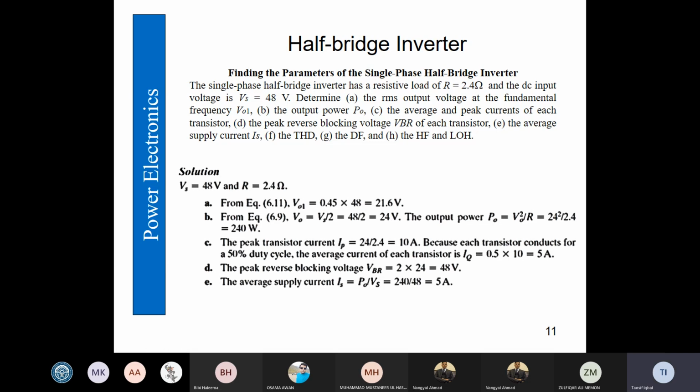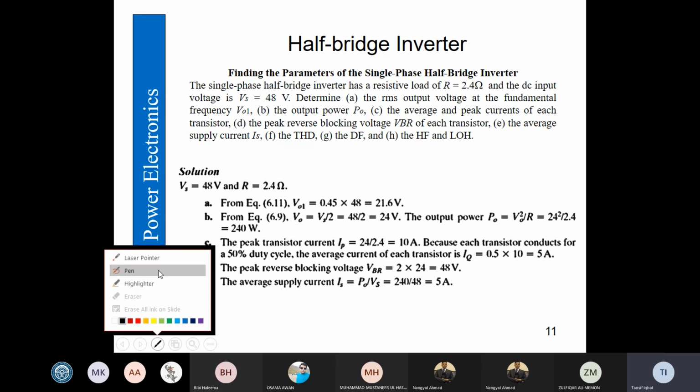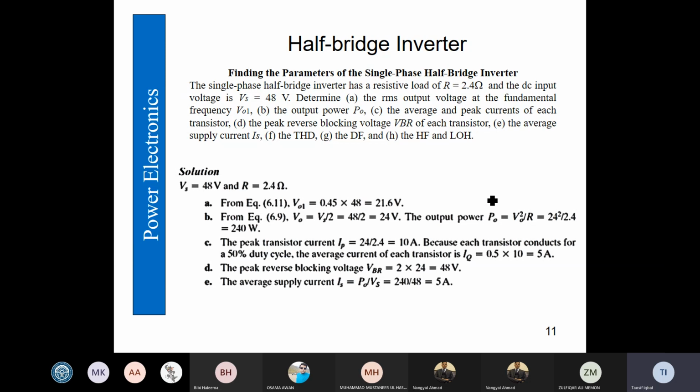Therefore, we can find out the output power, and mind it, we can find the output power for two. One is the total output power. For this, we are going to use V square by R, but which voltage is going to be used is the total voltage to find out the total power.